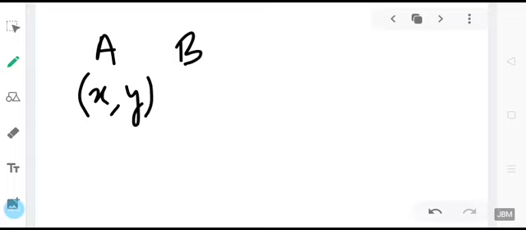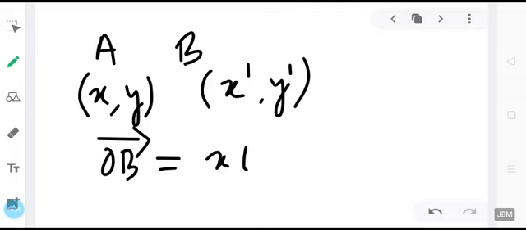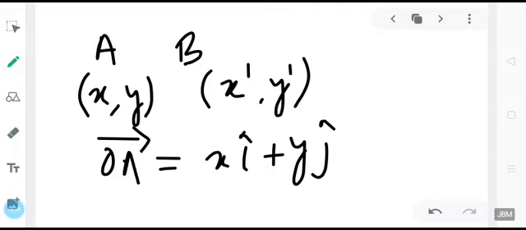So now, if the coordinates of point A and B are given by x, y and x dash, y dash, then position vector OP is given by x i cap plus y j cap. Now let me correct one thing, this is position vector OA.